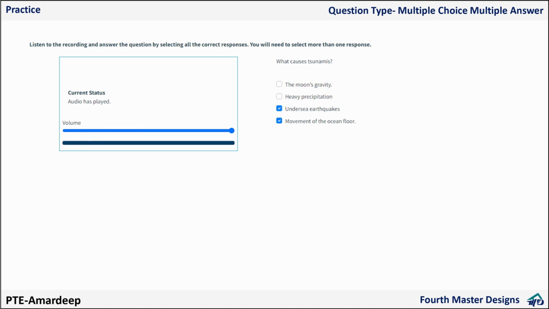So how many correct options are there? Two only. If I select this one, my score could be 2 minus 1, which is 1. If I select all 4, it will be 0. If I select these 3, the first 2 and this one, my score will be 2 minus 1, 1 minus 2. No, it can't be less than 0, so it will be 0 only.